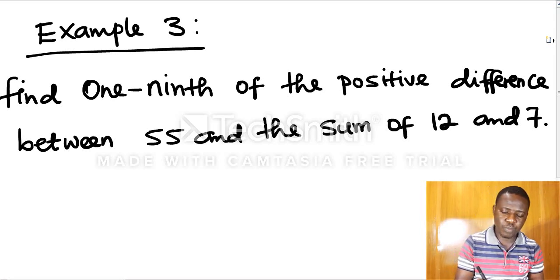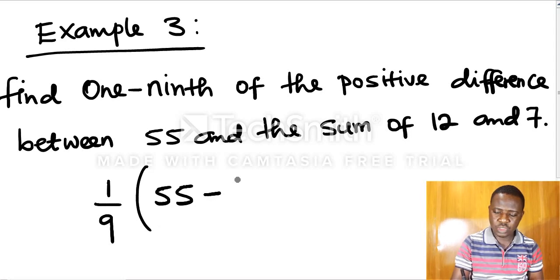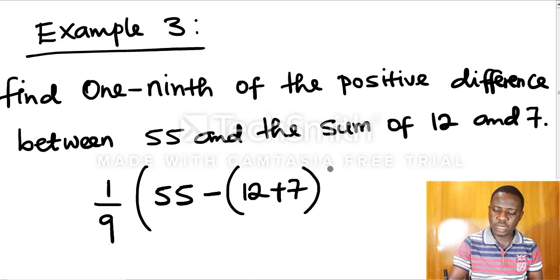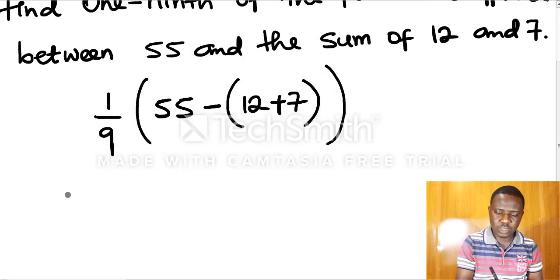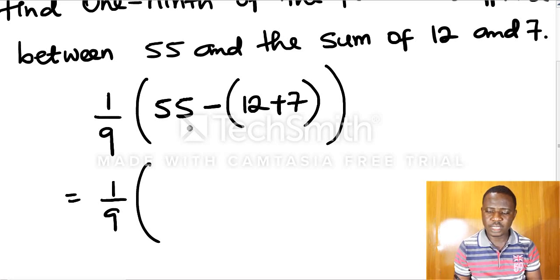Expressing this as a word problem, it is 1/9 of bracket, positive difference between, this is going to be 55 minus another smaller bracket, sum of 12 and 7. I'll close the smaller bracket as well as the bigger bracket.